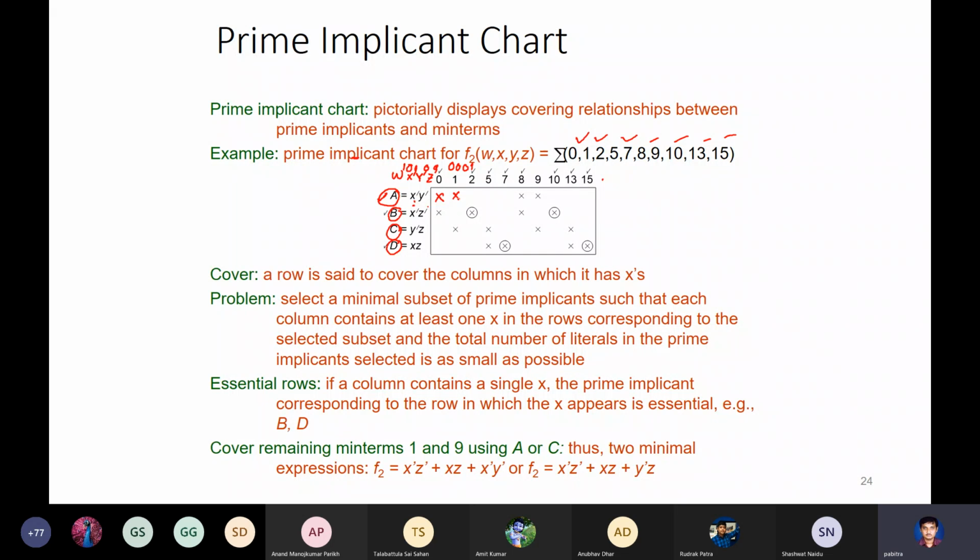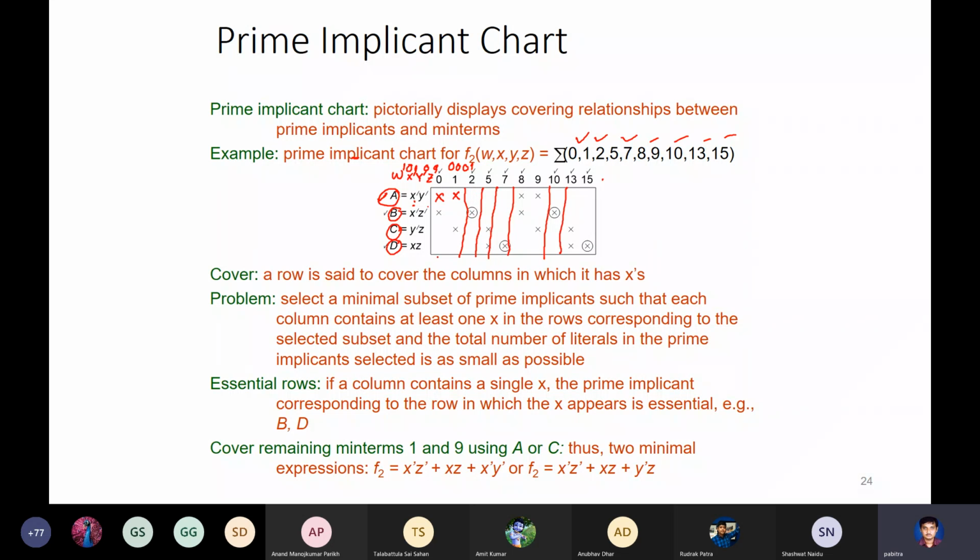You look at the columns which have only one cross. Look at the columns which have a single cross. What is the meaning? Meaning is that, for example, take the column number 2.